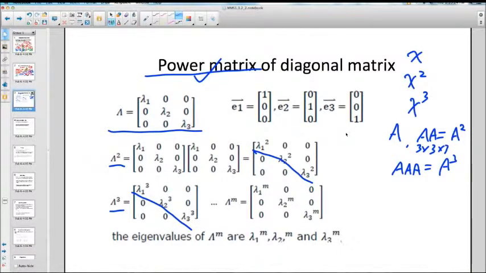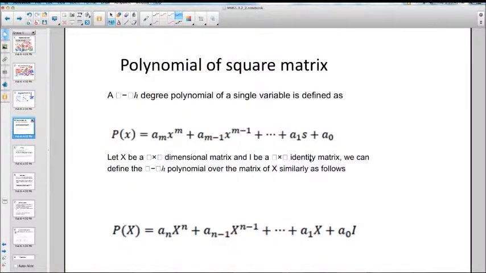You can raise it to the nth power. You just put the nth power on each of these eigenvalues, or diagonal elements. So you cannot get easier than that when you deal with a 3 by 3 matrix. So of course, we like this property and hope we can take advantage of it.